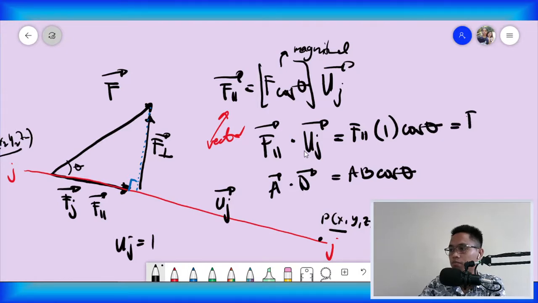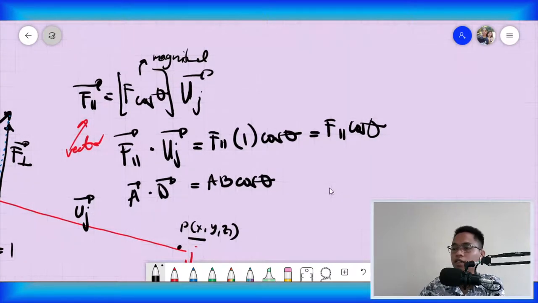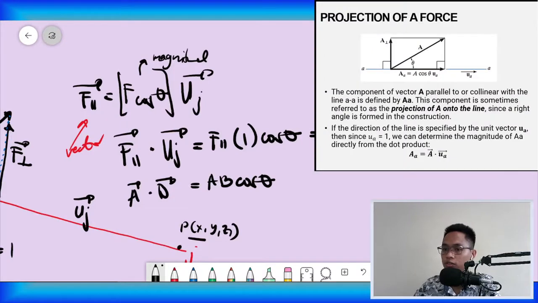Therefore, this would just be F parallel cosine theta. So the bottom line, as in the PowerPoint, is that the parallel projection is just the dot product of the unit vector and the given force.